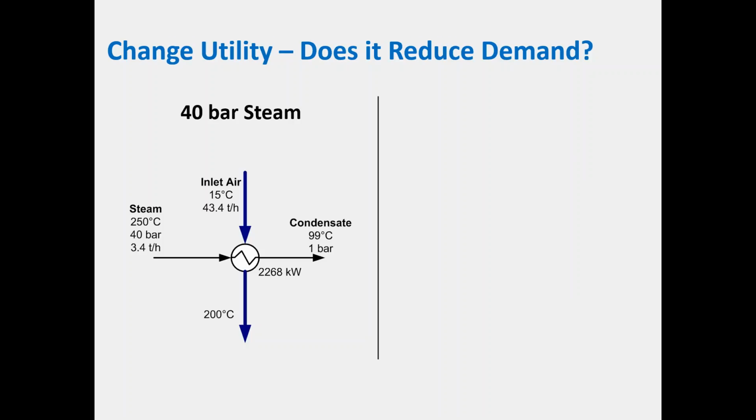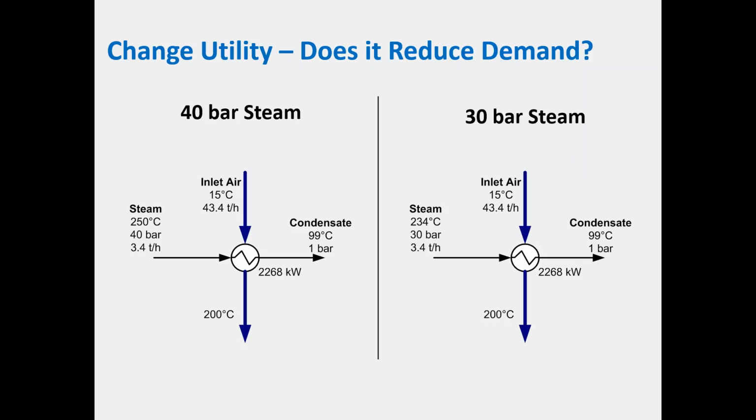Sometimes people say, oh, well, if I change the utility that I use, then I may reduce my demand. So in this particular case, if we just go back and look at supplying all of our heating from 40 bar steam, let's say we instead supplied that with 30 bar steam.